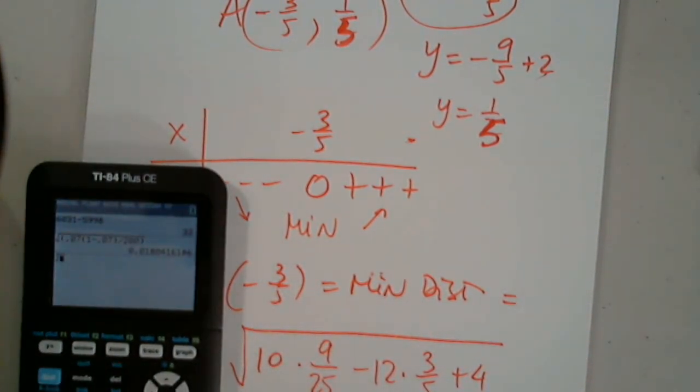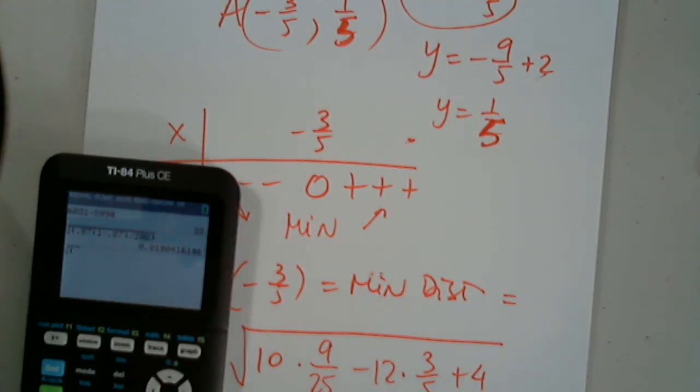So the square root, if they ask, so it's 90 divided by 25 minus 36 divided by 5 and plus 4. Okay, I'm checking again. 90 over 25, correct. Yes, negative 36 over 5 plus 4, and enter. So I got that the minimum distance is approximately 0.63.